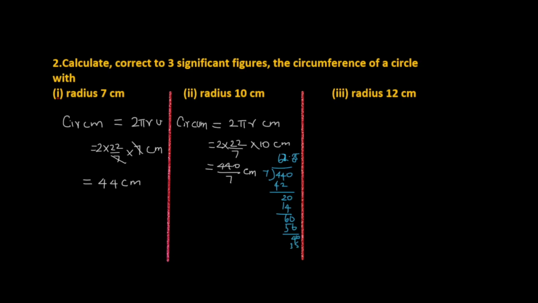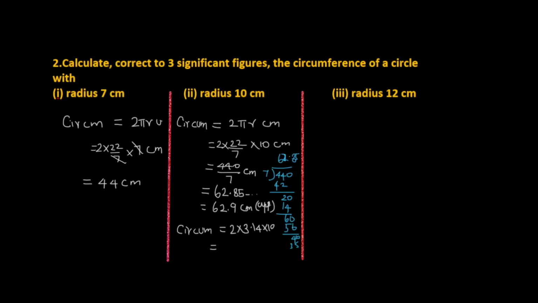When we are dividing any number by 7, we will be getting a non-terminating number. So this is 62.85. So approximately we can write 62.9 centimeter. Or else if we are replacing our pi value as 3.14, because our radius is 10 centimeter, so 2 into 3.14 into 10 centimeter.